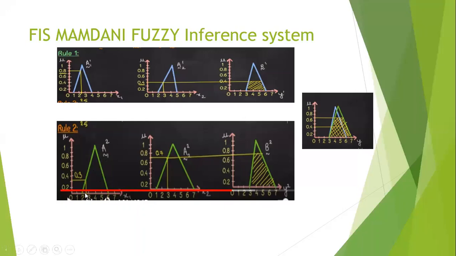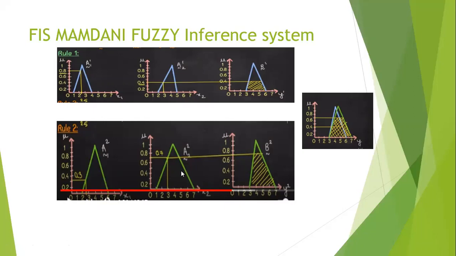Corresponding to 2.5, you have a membership function value of 0.3. Corresponding to x2 3, you have membership function value of 0.7. In the second rule, we are using OR operator.